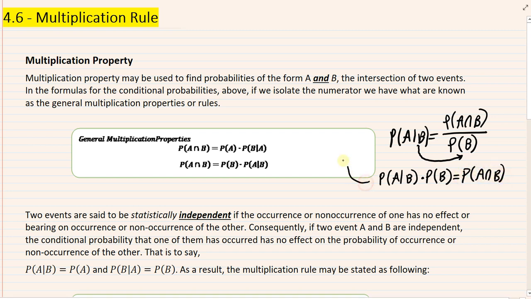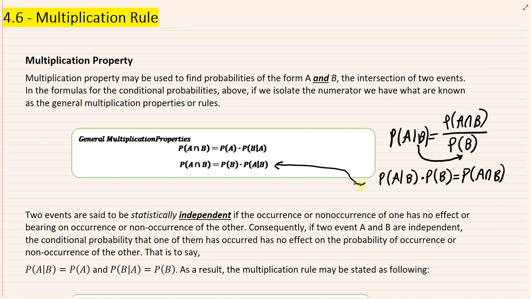Now if you look at this, it is precisely what this formula is. There are two versions of this formula, but they really mean the same thing. That's how the formula, which we call the general multiplication rule, is created.